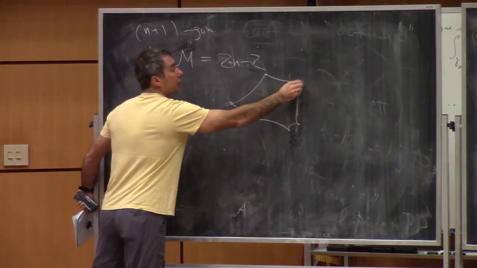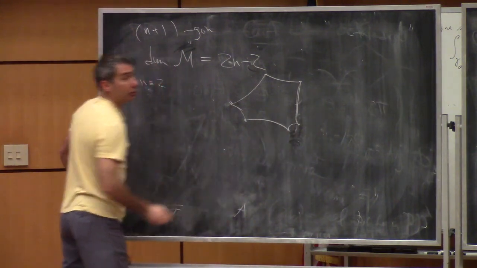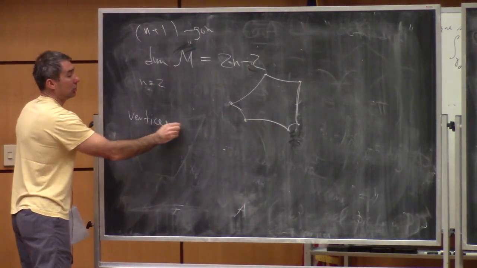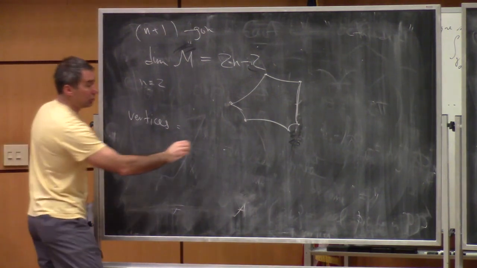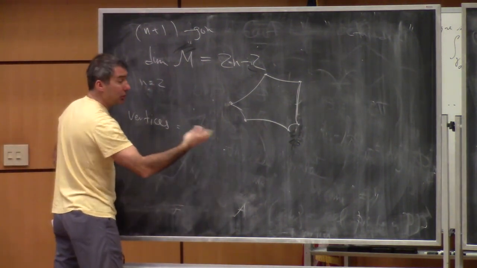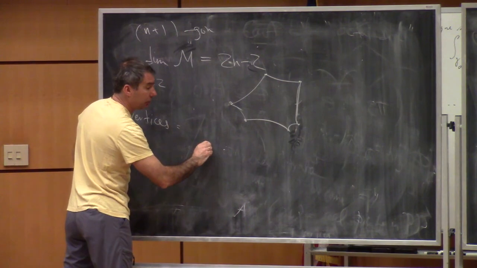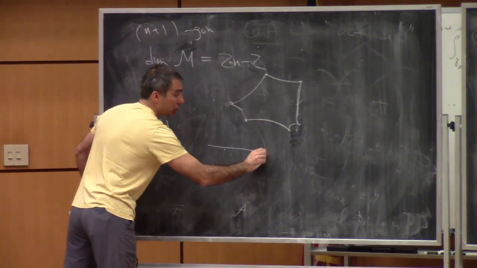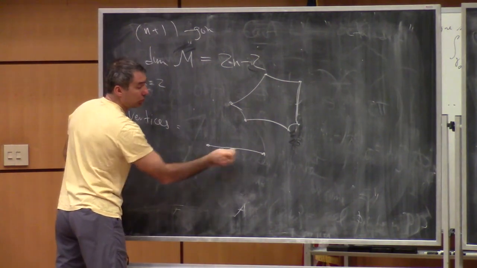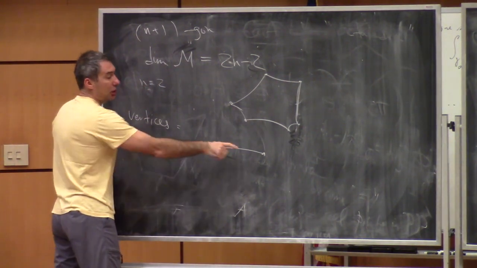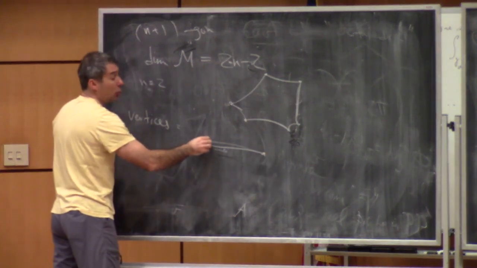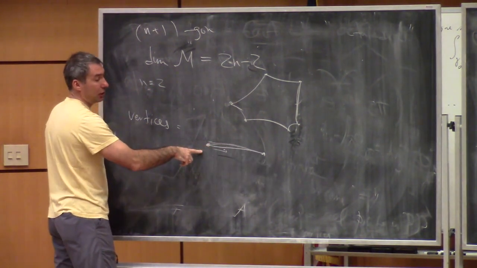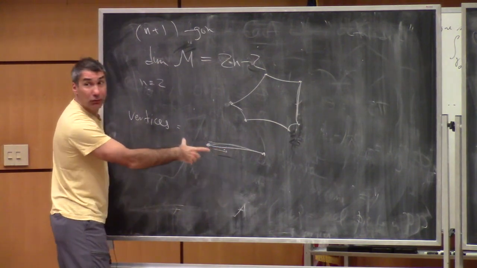So the vertices are the maximally degenerate ones. What are the maximally degenerate vertices? You degenerate your polygon as much as you can. You can have some of the edges going in one direction, and all the remaining edges going backwards, but only 2 of the edges have non-zero lengths.